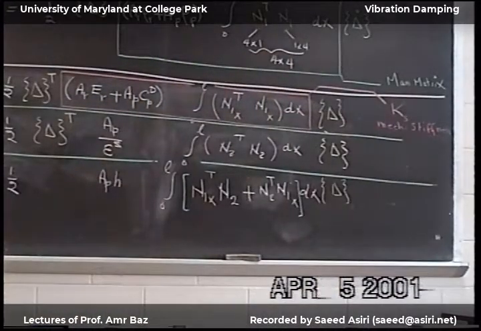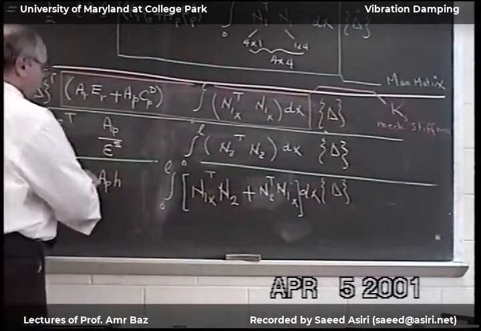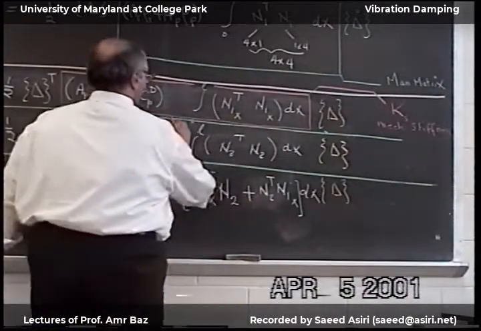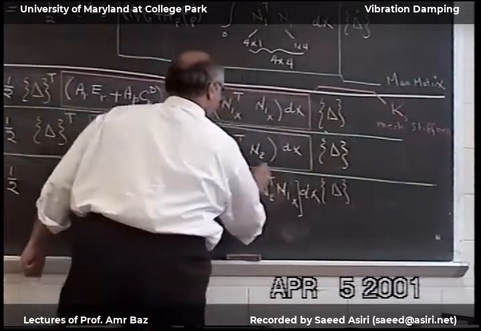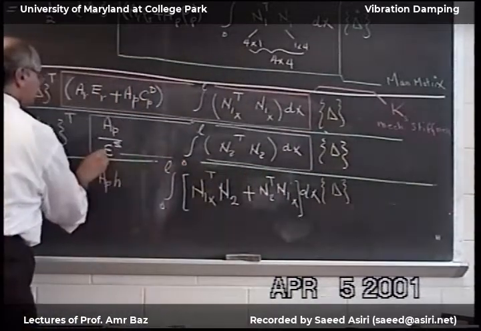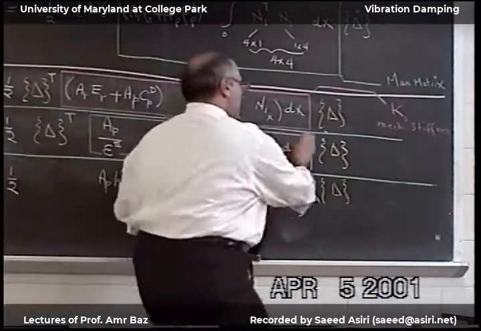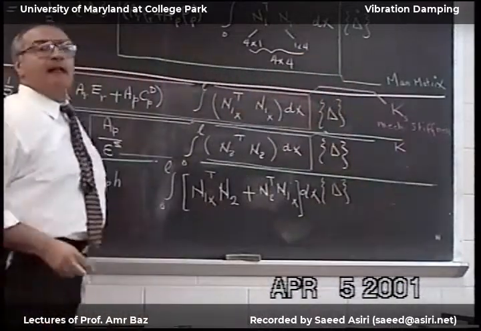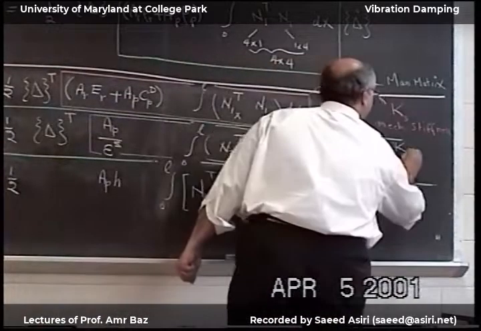The second equation will give us the K electric, or the electric stiffness.